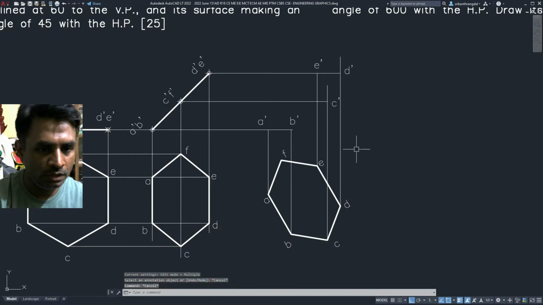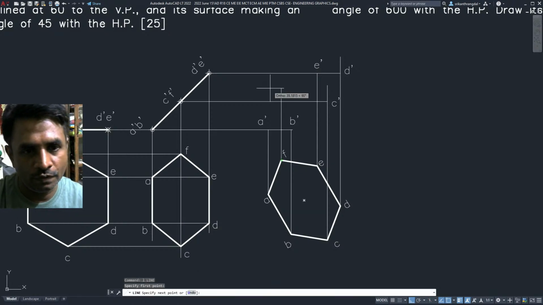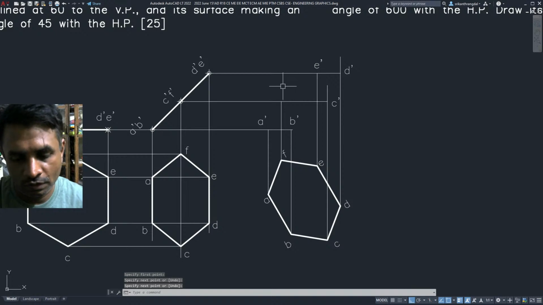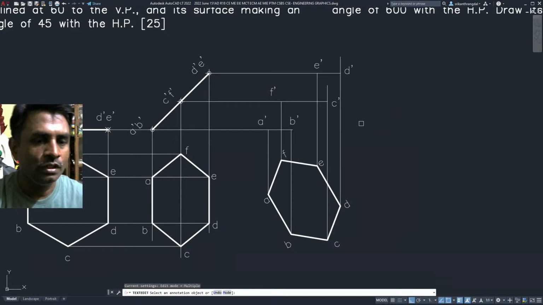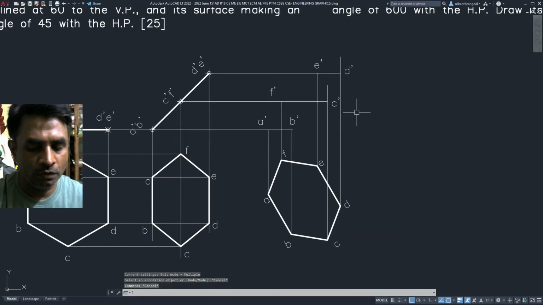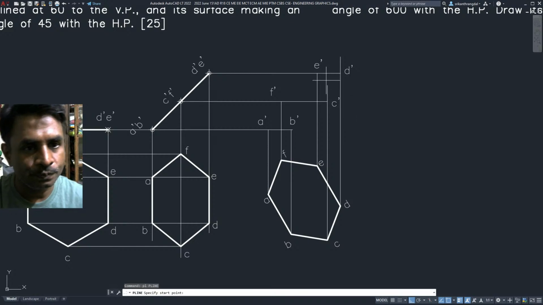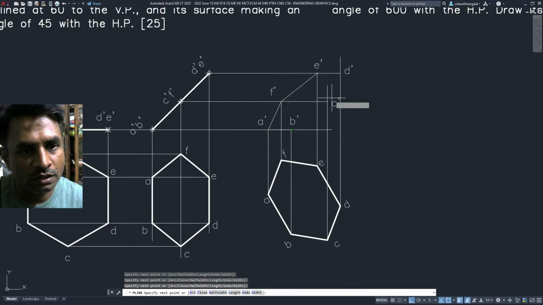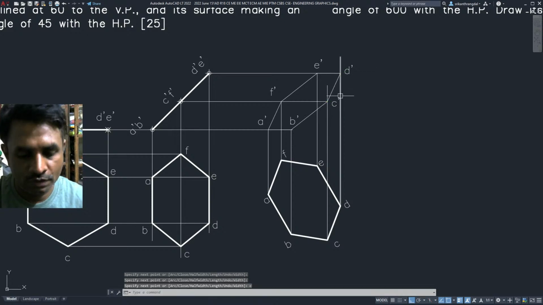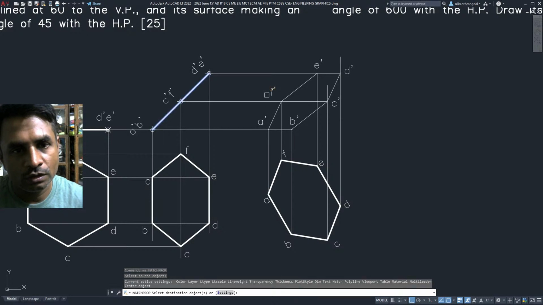And finally, we have F intersecting here. Now that we have all the points, we just need to join them. So this is our final.